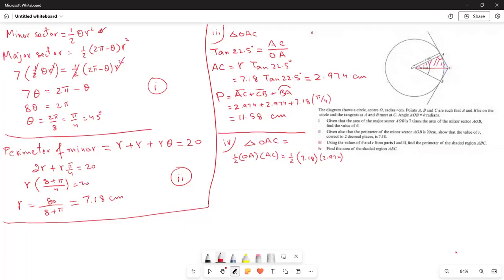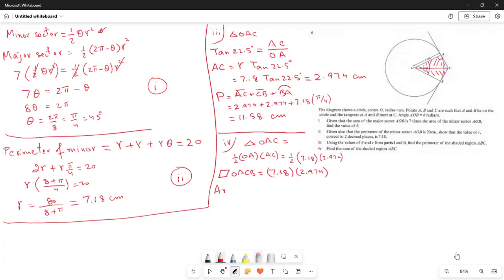And if I want to find the area of this whole quadrilateral OACB, it will be twice of this area. So for this quadrilateral OACB, this is twice of this, so it will be 7.18 into 2.974.